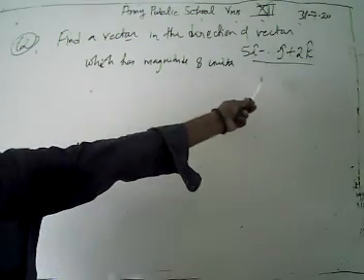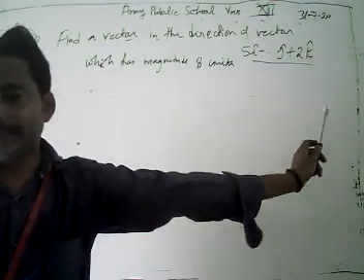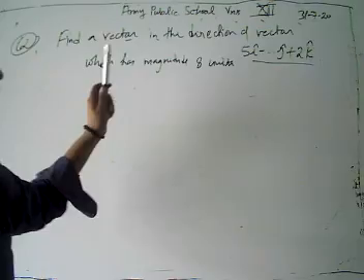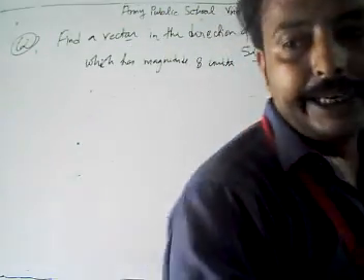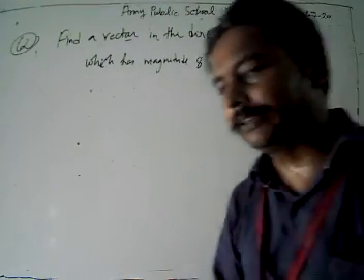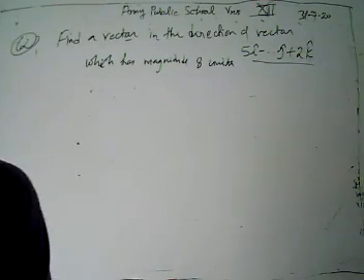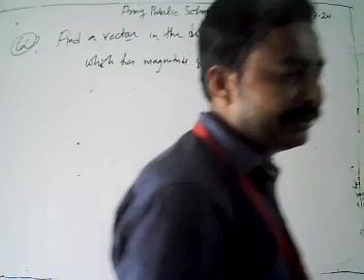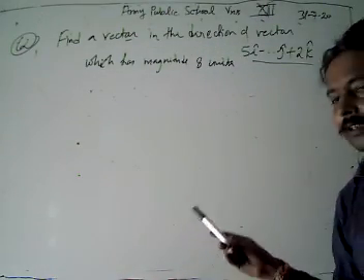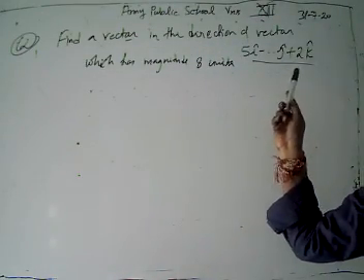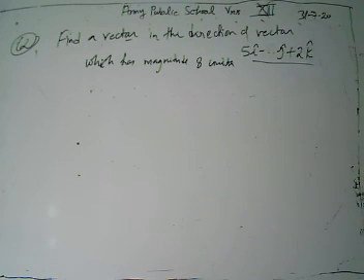What is our vector given there? 5 i cap minus j cap plus 2 k cap, which has a magnitude 8 unit. Now we have to find the vector having a magnitude 8, but its direction is directed along this given vector 5 i cap minus j cap plus 2 k cap. Look, then how can you find any vector in the direction of it?